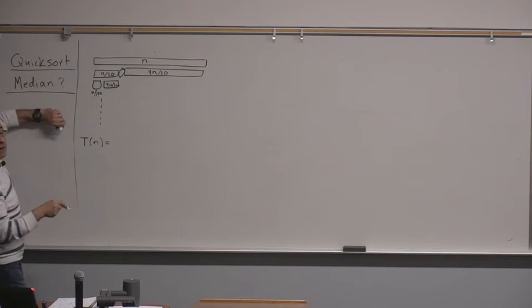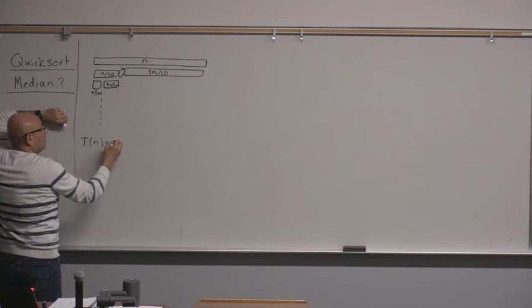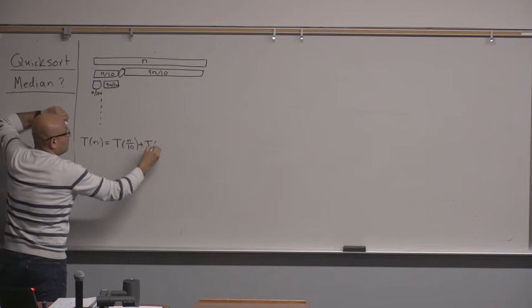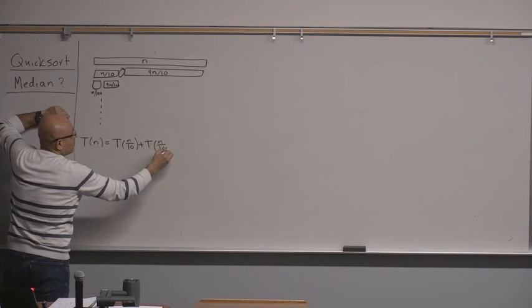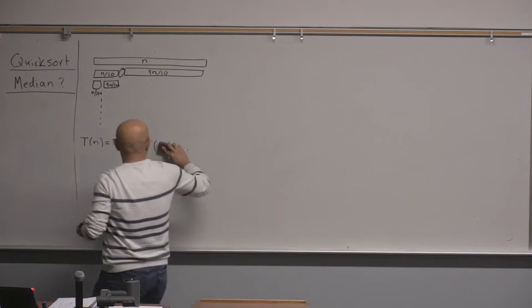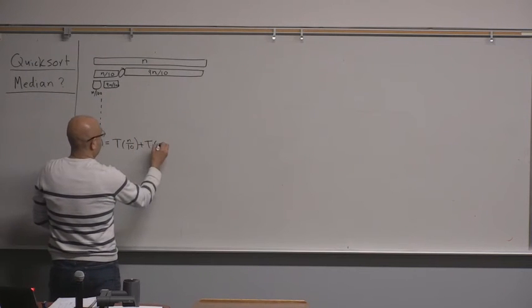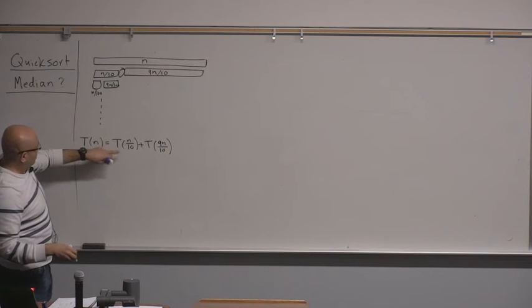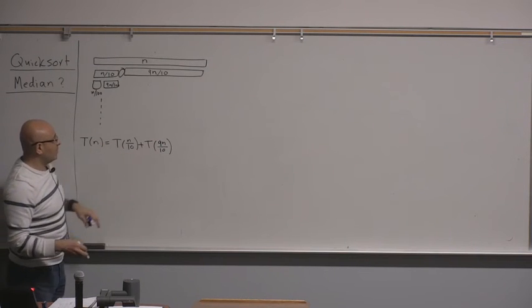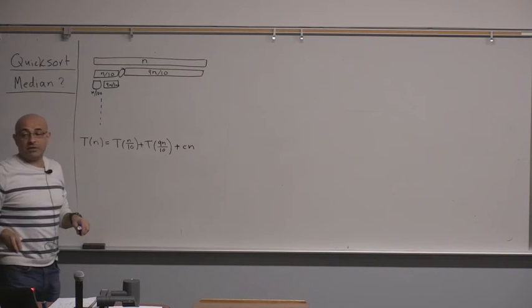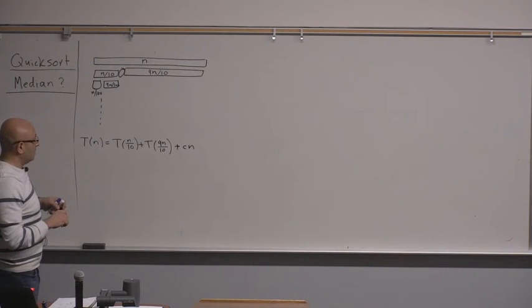We are dividing T of n into T of n over 10 and T of 9n over 10. So this is the split. We are dividing it into n over 10 and 9n over 10 plus Cn. Cn is still the partitioning time.